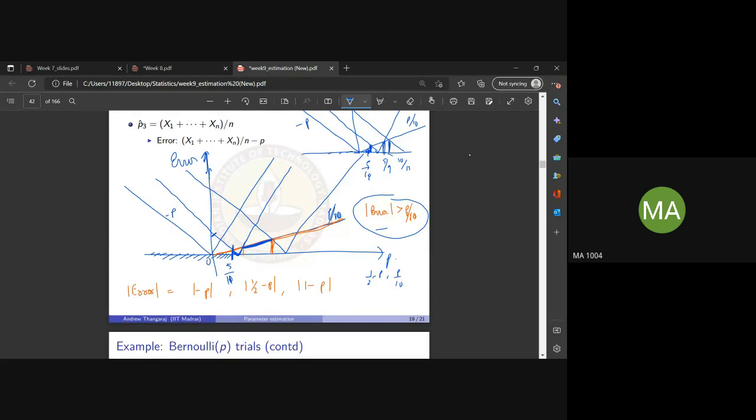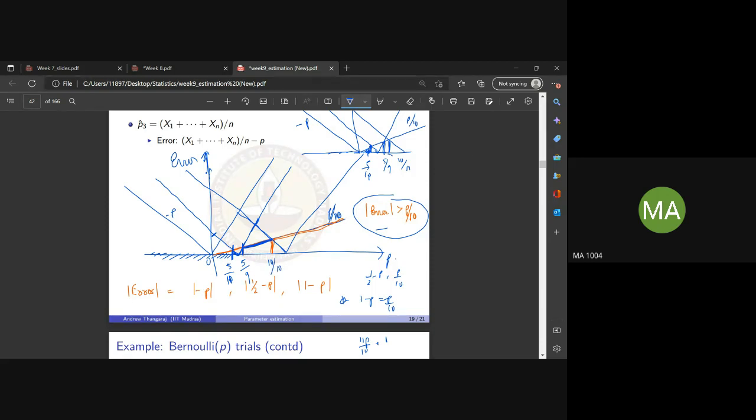This point you will get from the intersection of minus 1 by 2 plus p with p by 10, that comes out to be 5 by 9, and this line is nothing but 1 minus p. So when you take the intersection of 1 minus p with p by 10, so what do you get? It is p by 10 plus p equal 1, so 11p by 10 equal 1, so p equal 10 by 11, right? So this point is 10 by 11.